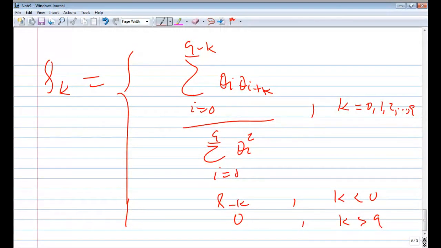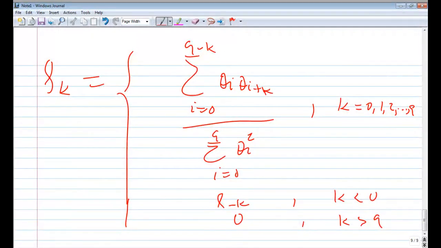Any question before we go to partial autocorrelation functions? So now we are done with the moving average processes. So we're going to the partial autocorrelation functions.